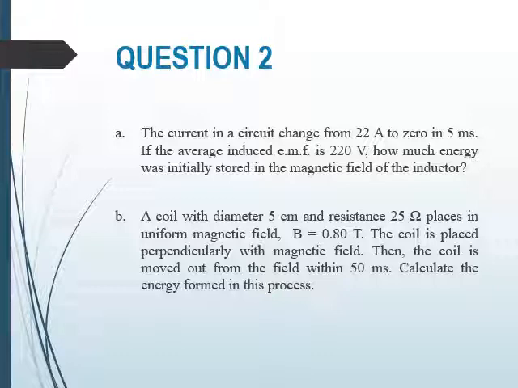B. A coil with diameter 5 cm and resistance 25 ohm is placed in a uniform magnetic field, B equal to 0.8 Tesla. The coil is placed perpendicular to the magnetic field. Then the coil is moved out from the field within 50 milliseconds. Calculate the energy formed in this process.